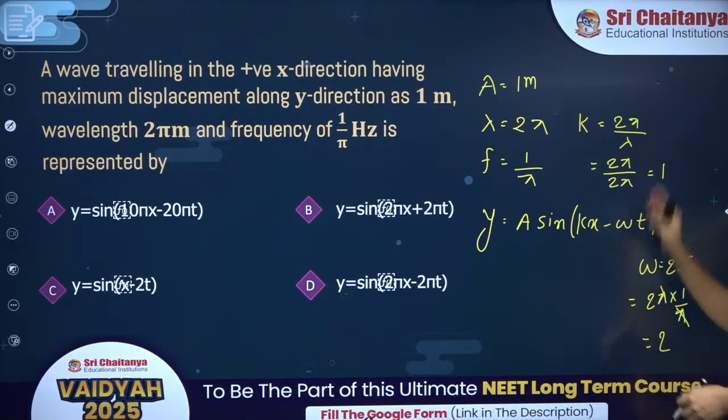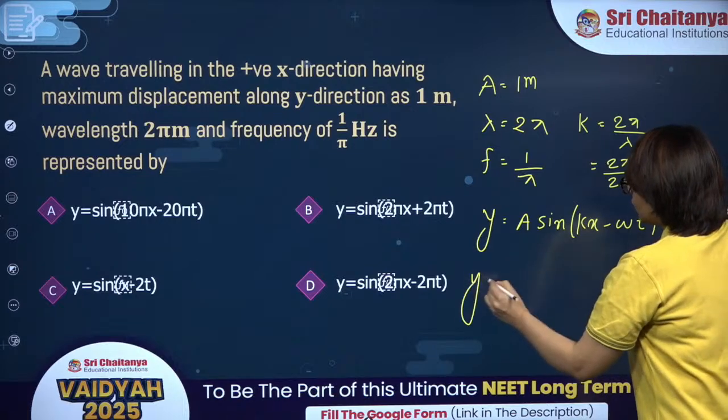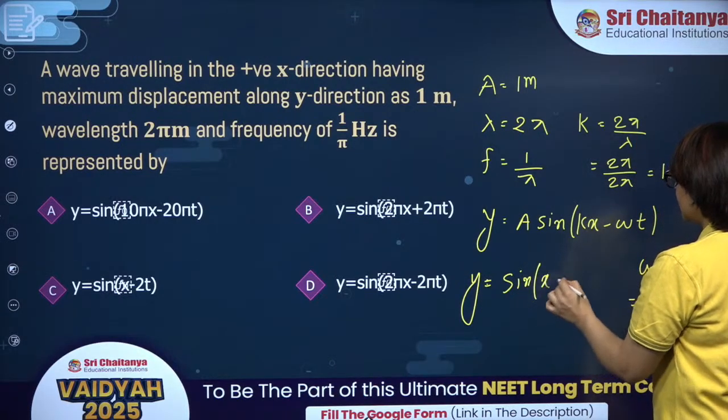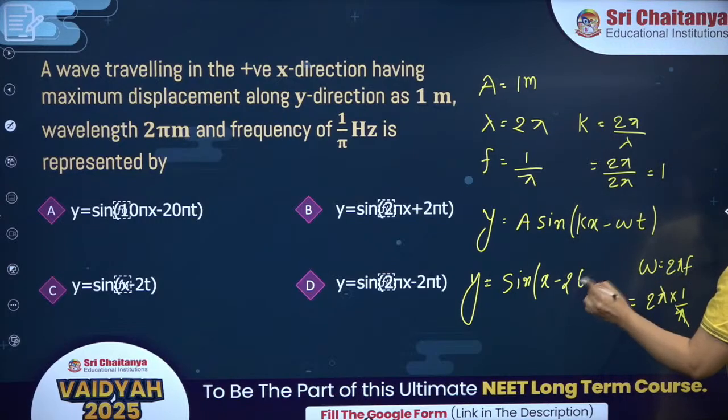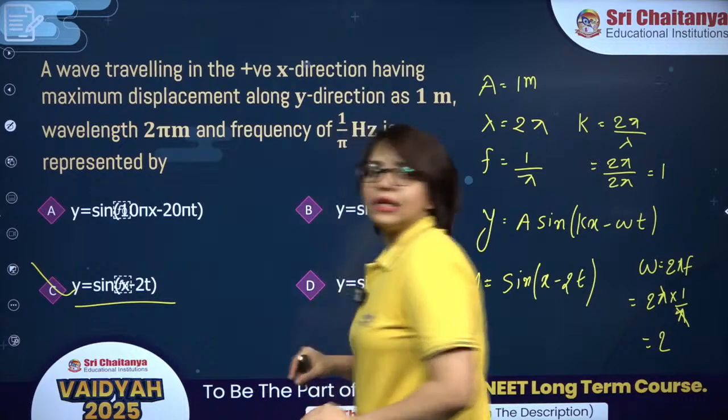Right, so you just have to put k and omega in this equation to get the answer. Y is equal to A is 1 sine k is 1 minus omega is 2t. So it is sine x minus 2t, which is nothing but option C over here.